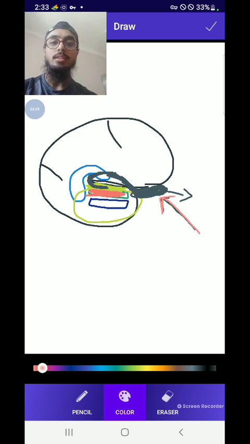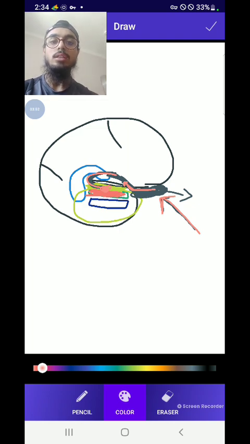the olfactory bulb, then it goes inside the olfactory bulb. There is the olfactory tract. Inside the olfactory bulb there is the olfactory tract, and from here the information goes towards this primary olfactory cortex. Information goes to the primary olfactory cortex.